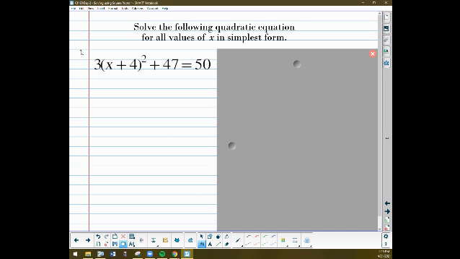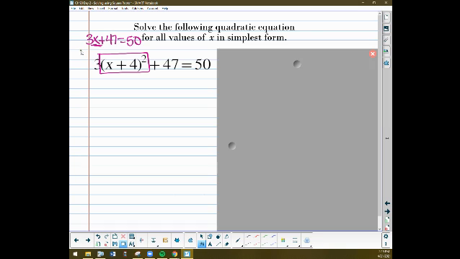Okay. So I want to get x squared part all by itself. So think of it as like 3x plus 47 equals 50. And I want to isolate that x. It's very similar to what we're doing. x plus 4 quantity squared is just like a bigger version of that.